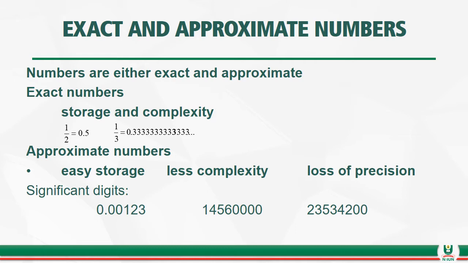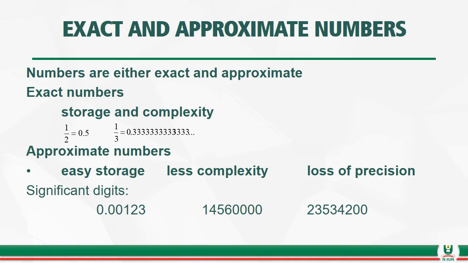Then we have a large complexity, because it's difficult for us to store all of this number. That brings us to the idea of approximate number. We would like to approximate this large number such that the complexity is reduced, such that it is easy for us to save, but we'll be losing some precision. So that gives us an idea of what an exact number is and what an approximate number is.